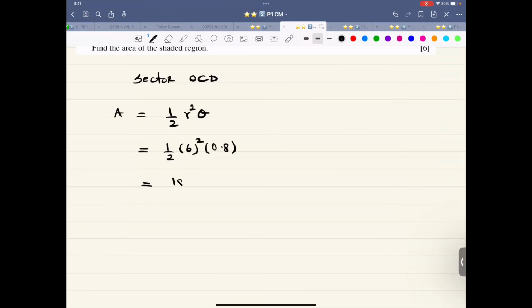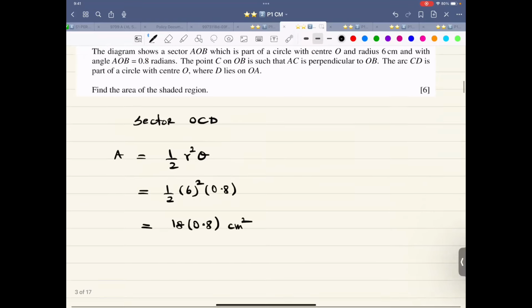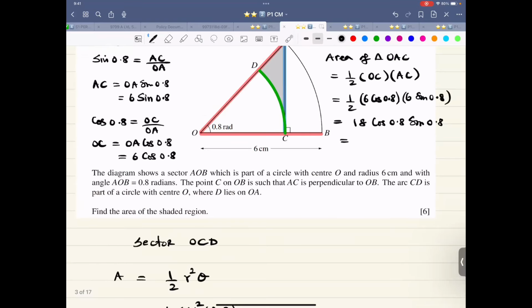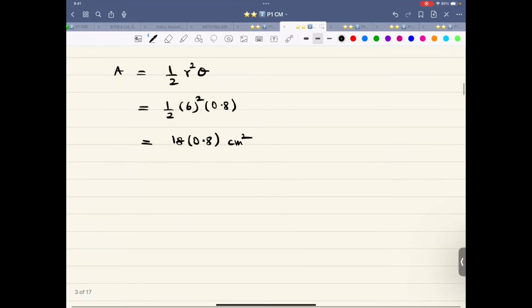That is 18 into 0.8, in centimeters squared. Now the area of the triangle is more, the area of the sector is less. So therefore the difference is area of triangle minus area of sector.